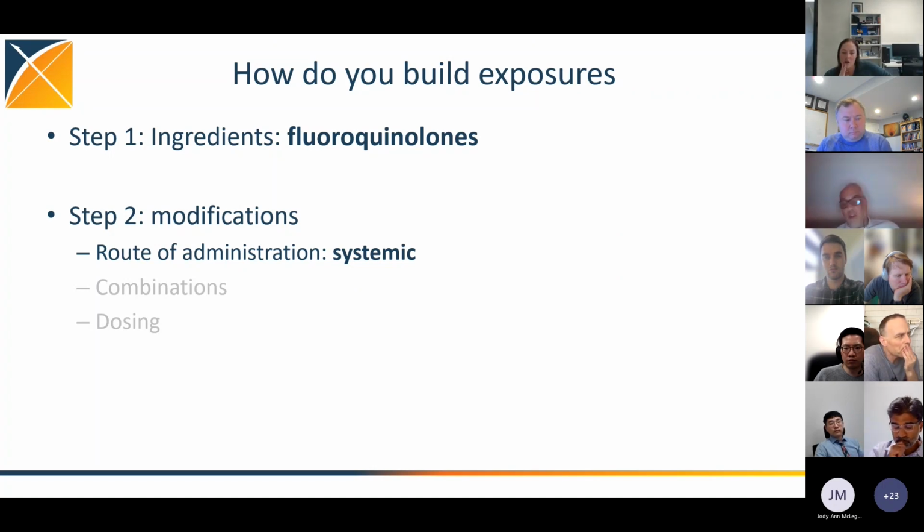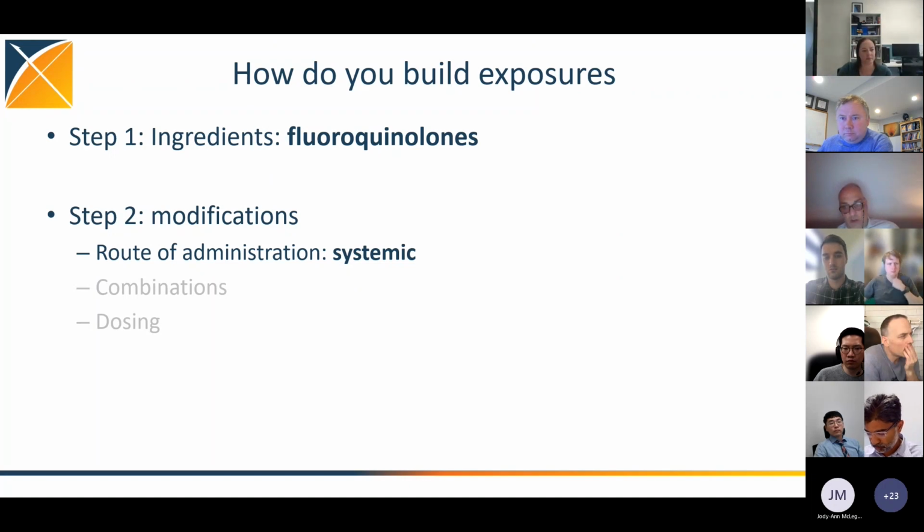In fact, you should think about what if I don't have the modifications, because my database doesn't have the level of detail. Some databases do the simple way and just map to ingredients.